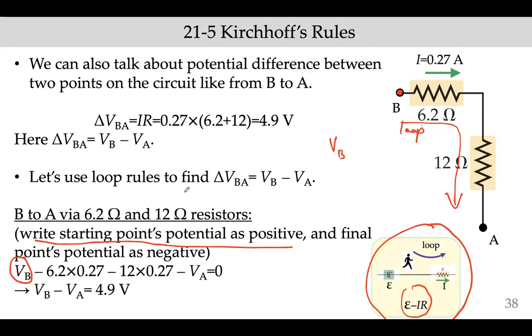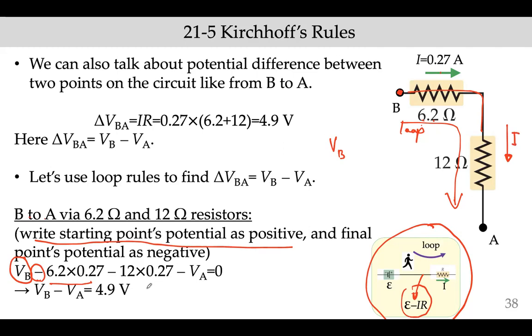The loop direction and the current are in the same direction, so there will be a negative sign as per this rule, and we will write 6.2 times the current. Now we are here, and we will write the voltage for this resistor. Again it will be a negative sign because the current now flows in this way.